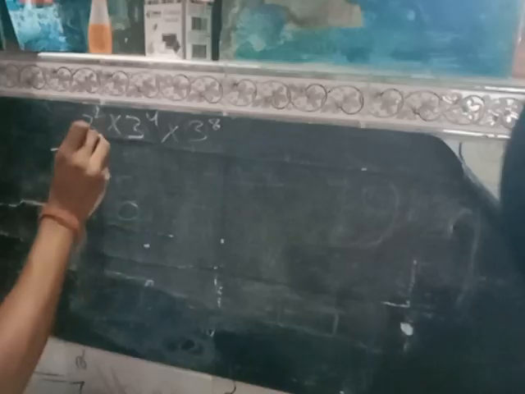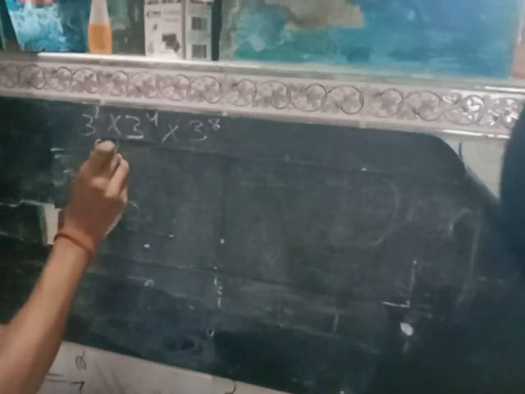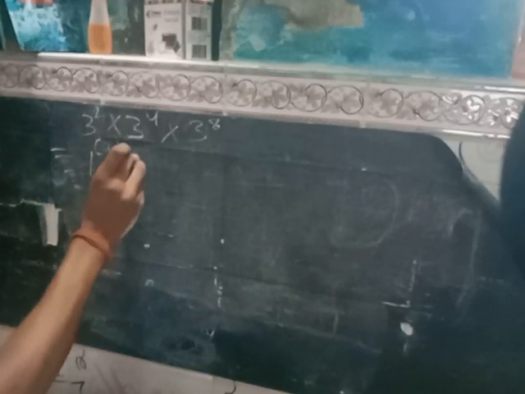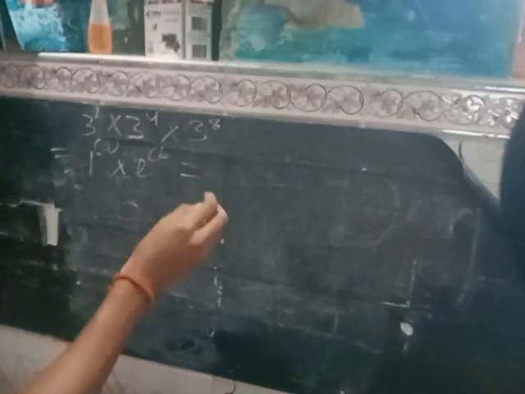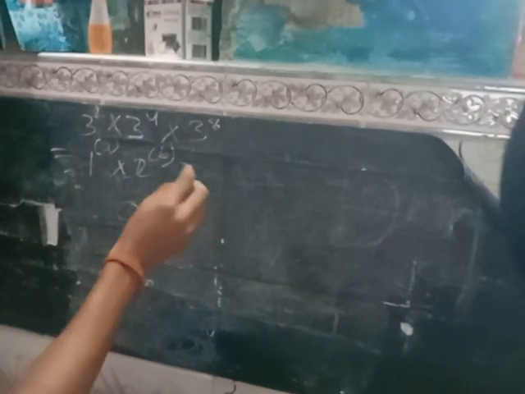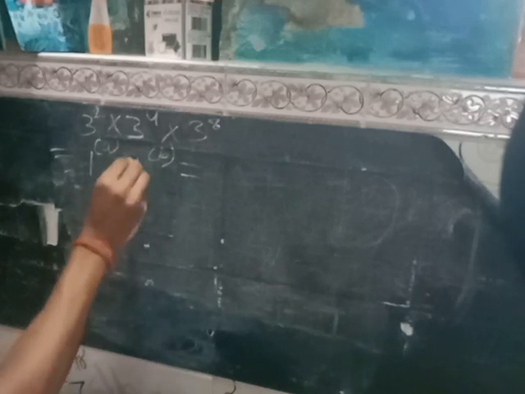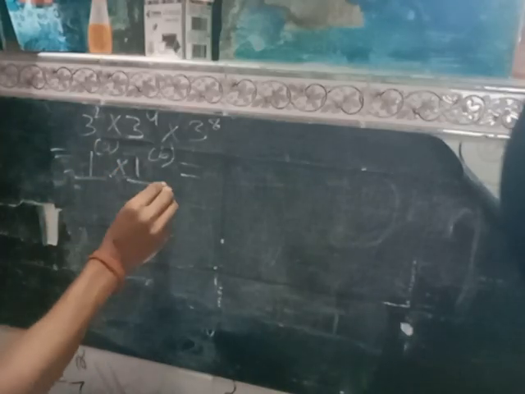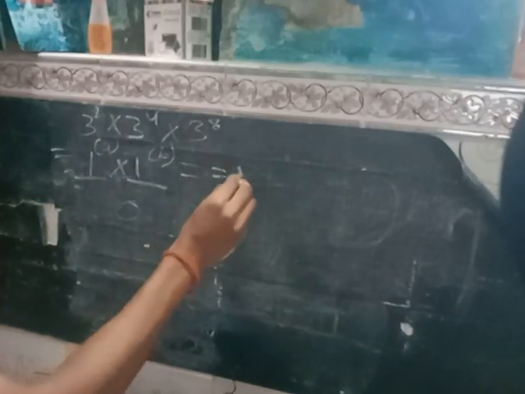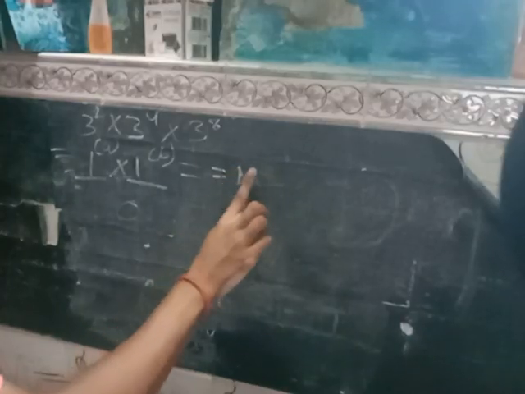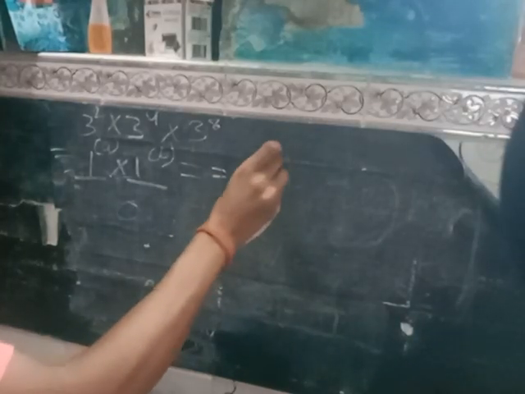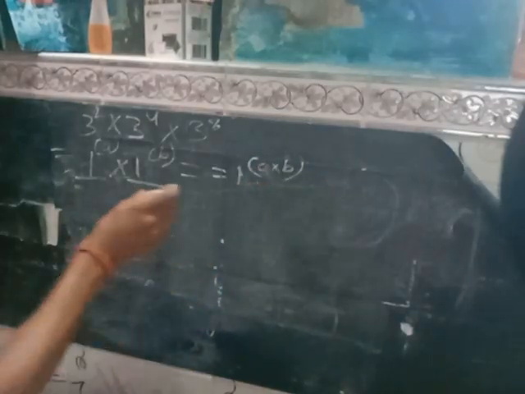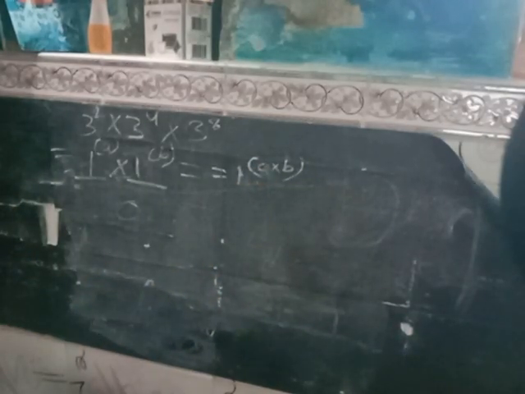If the exponent is different, like 1 raised to the power a multiplied by 1 raised to the power b, we can say it is 1 raised to the power a multiplied by b. So this will be the law applied here.